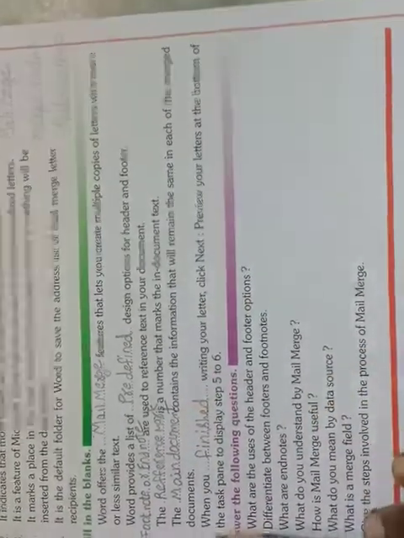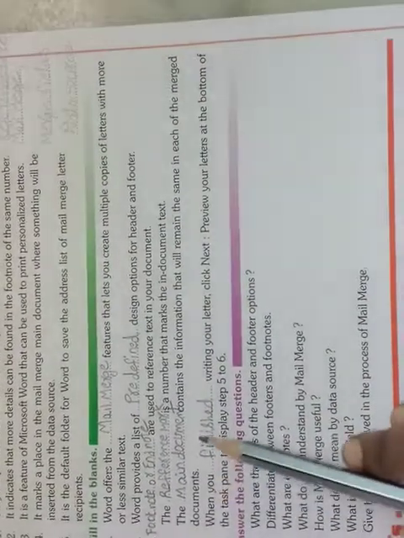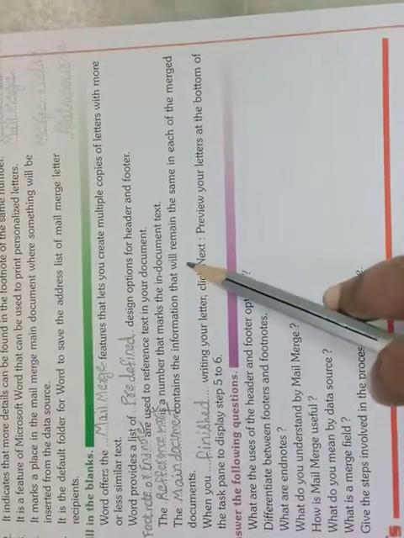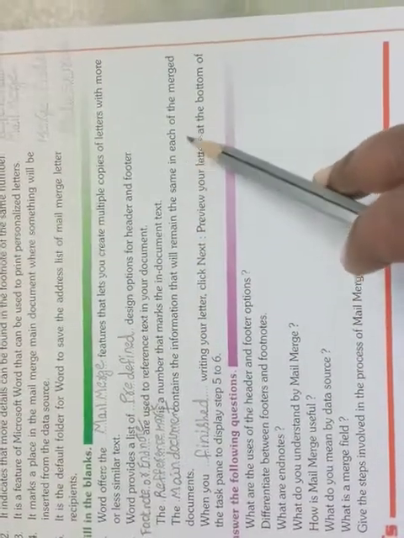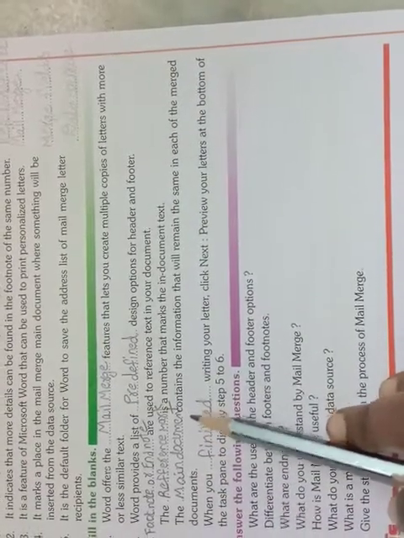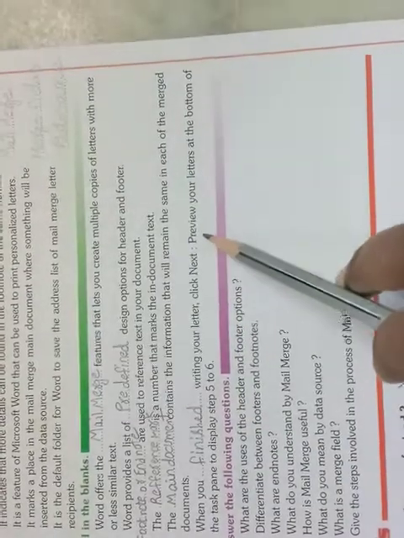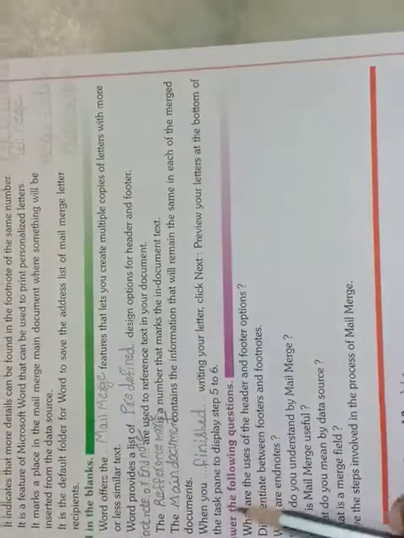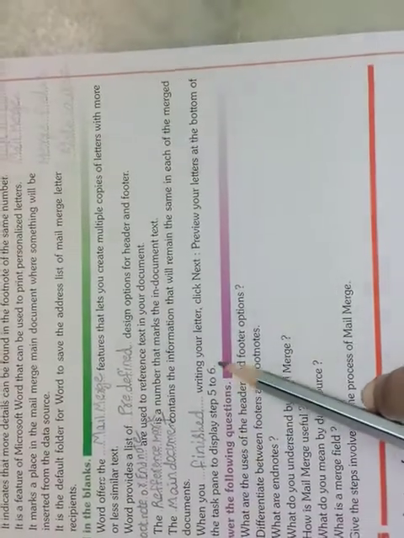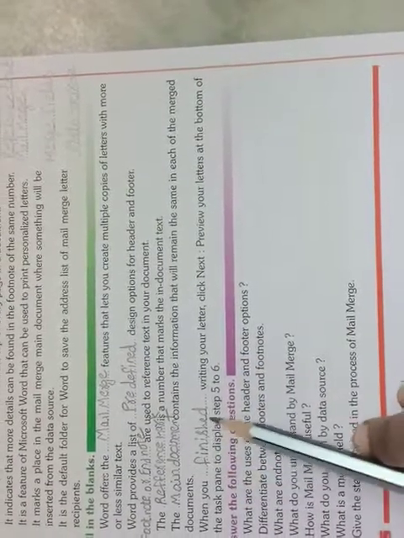Reference mark. Next, fifth blank, the dash contains the information that will remain the same in each of the merged documents. Answer is main document. Sixth one, when you dash writing your letter, click next to preview your letters at the bottom of the taskbar to display step 5 to 6 when you finished.